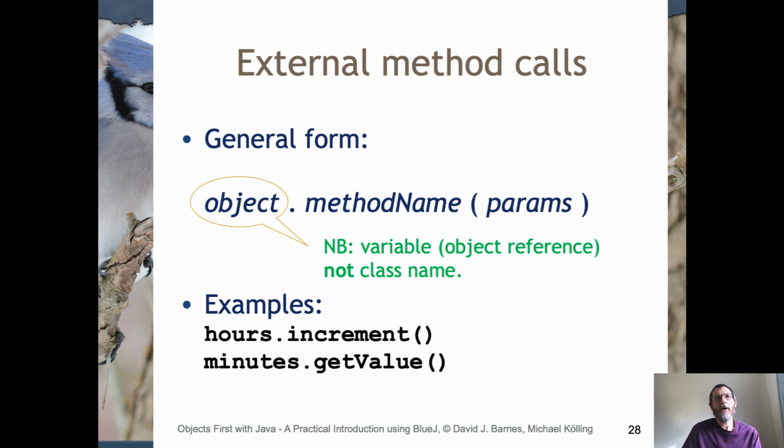So we're always writing variable dot method name and not class dot method name. It's very important to appreciate that because it's a very common mistake that beginning programmers make, to write class name dot method name rather than variable dot method name.